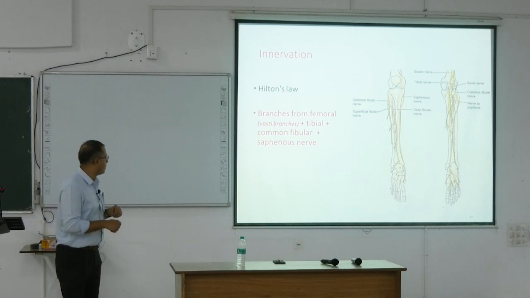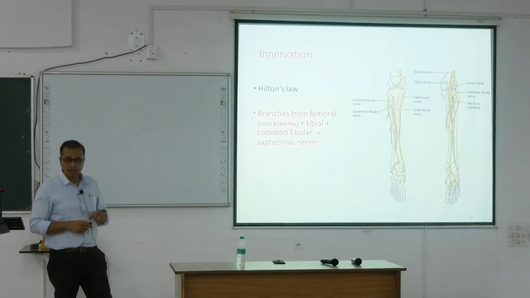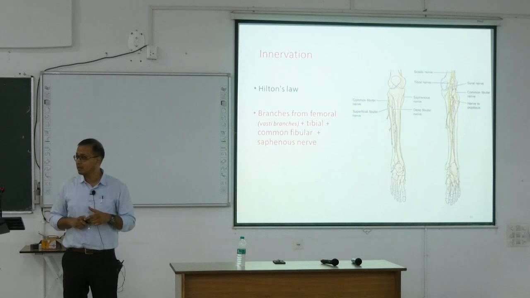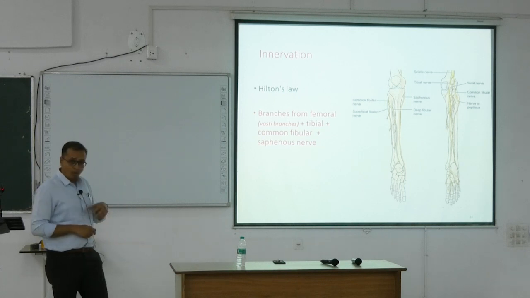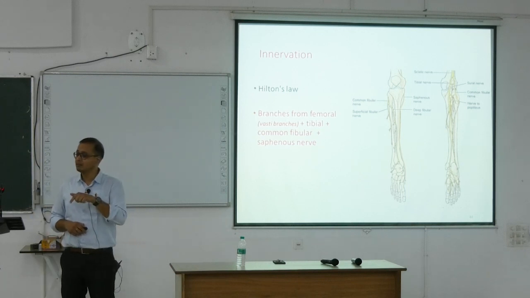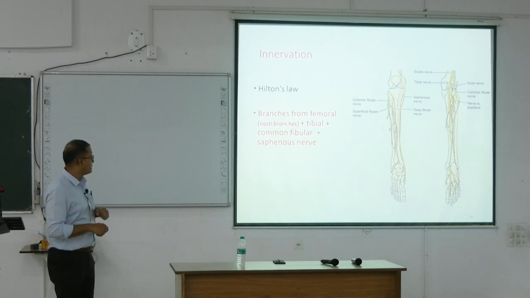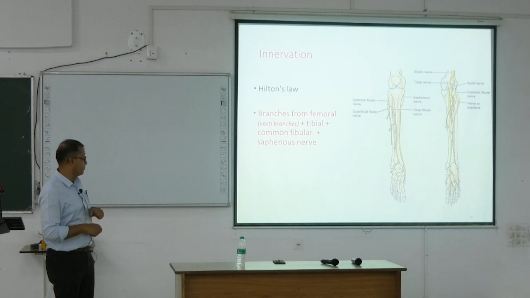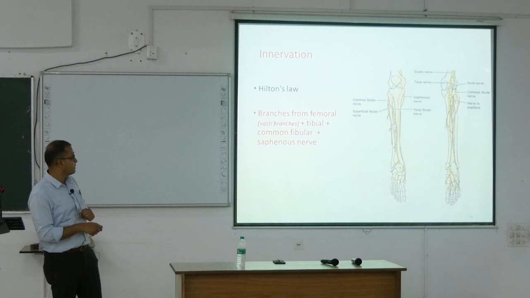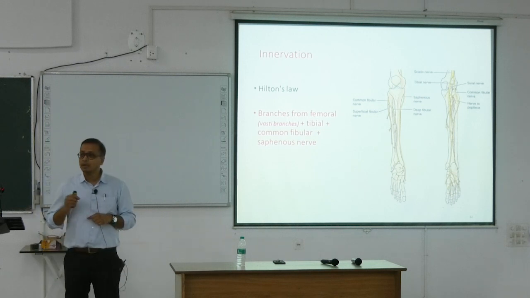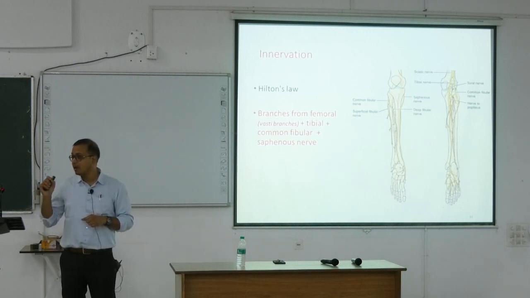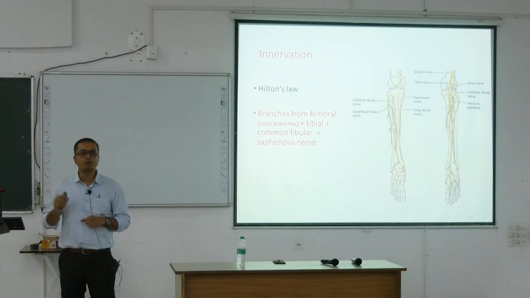The knee joint articular branches come from main nerves like the femoral nerve, which gives a cutaneous branch and an articular branch that supplies the joint. The obturator nerve also has an articular branch to the knee joint. There are branches coming from the fibular nerve, the saphenous nerve and the tibial nerve. So all the nerves present around the knee joint provide a branch known as an articular branch.